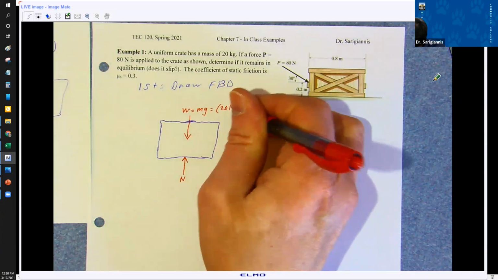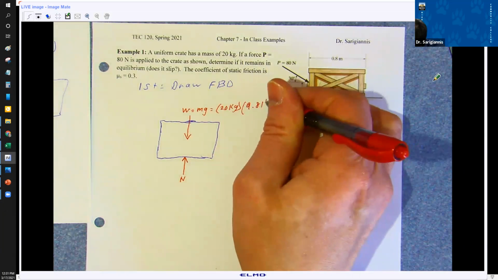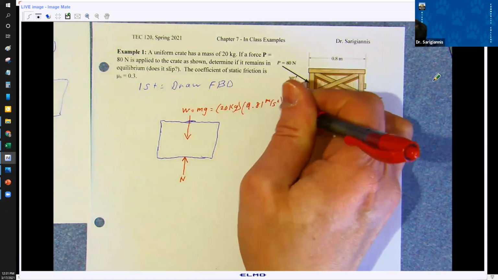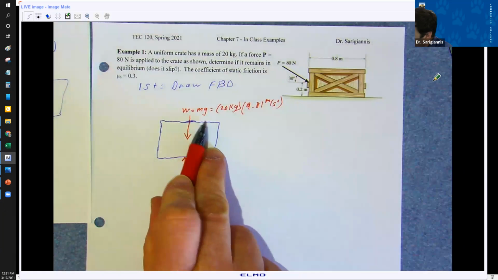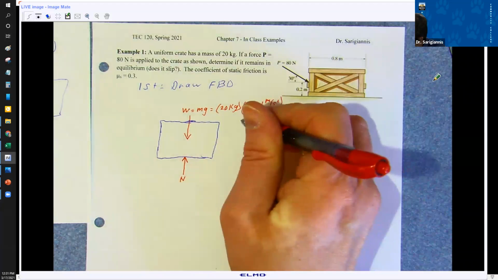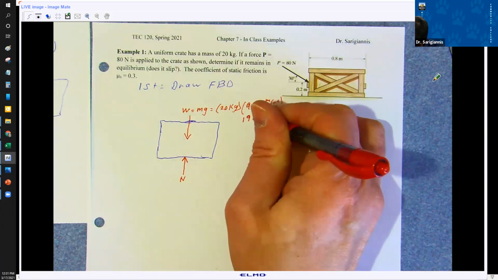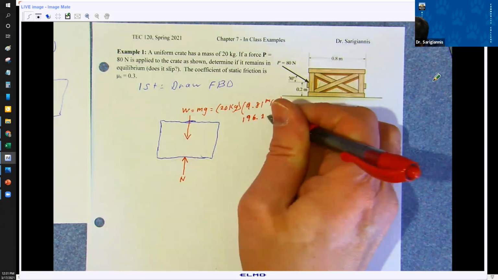I might as well just write this out here. The weight is just mass times gravity. We're given the mass, 20 kilograms. So this gives us 196.2 newtons.